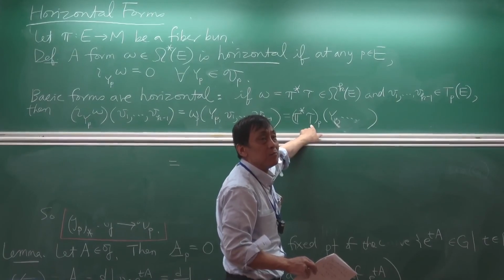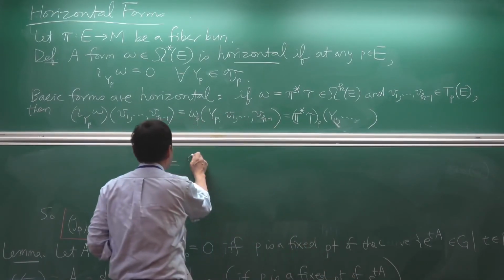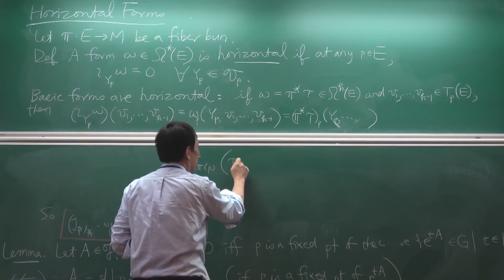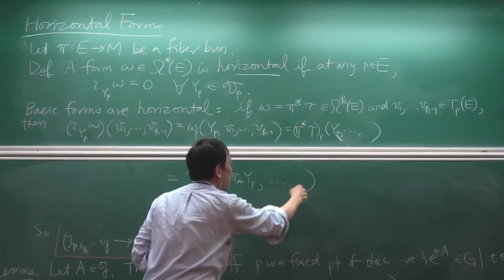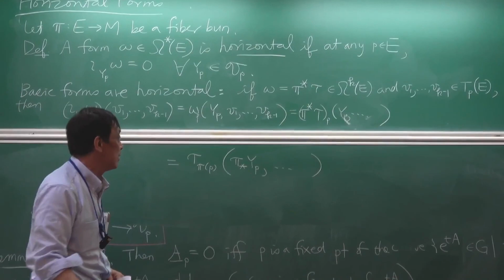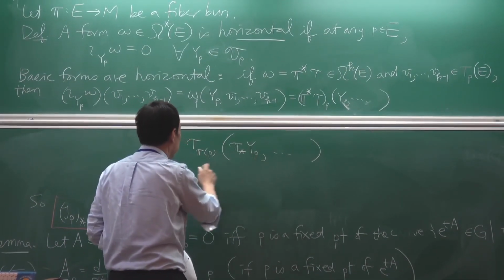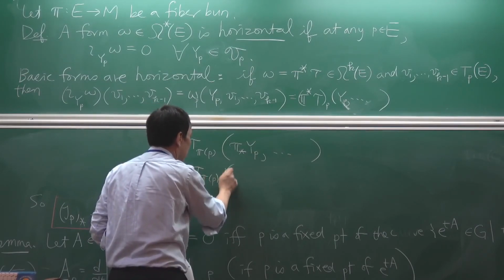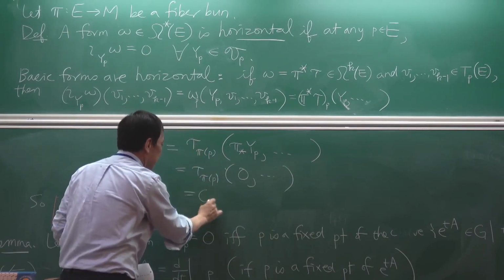How do you calculate the pullback? You take tau at pi of p, and then you push forward the vectors, but because y is vertical, the push forward is 0. So it equals 0.